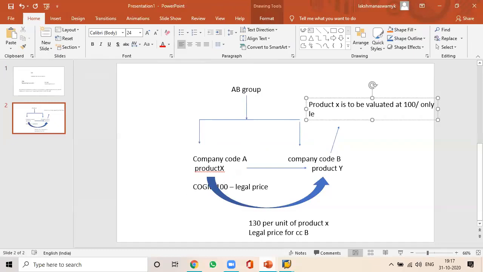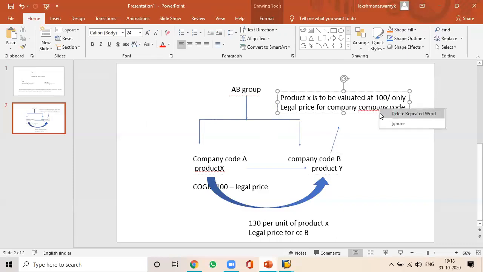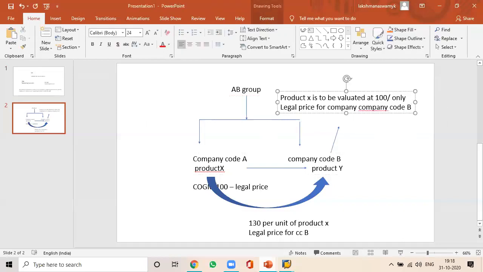That means legal price for company code B, 130, minus profit of company code A. How much is that? 30 rupees.